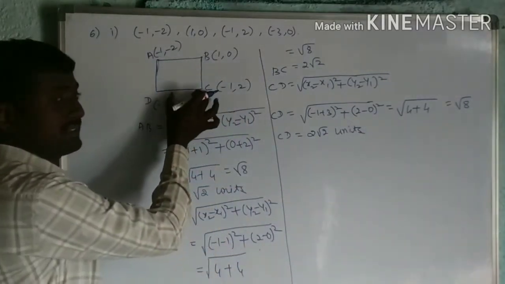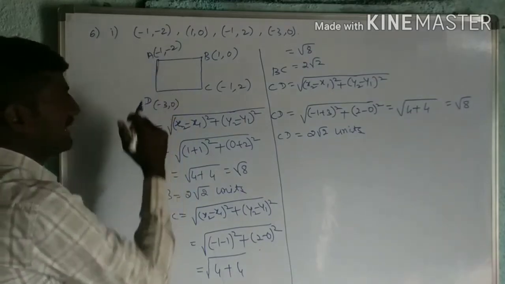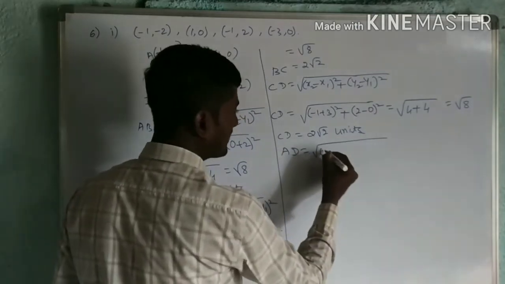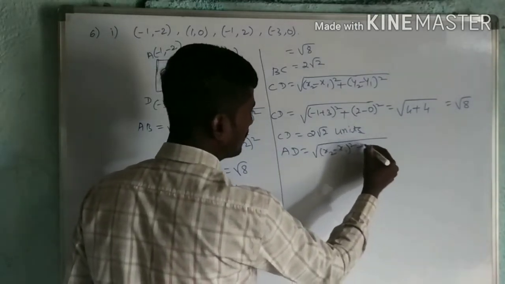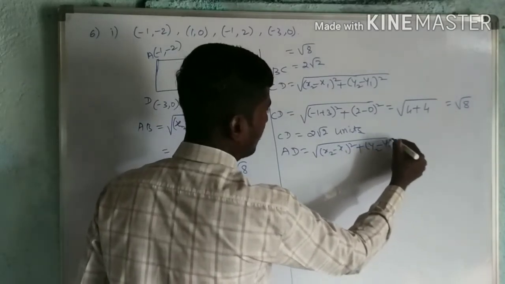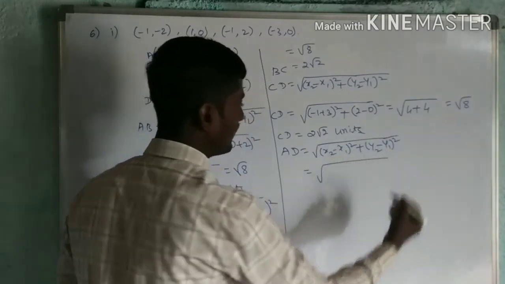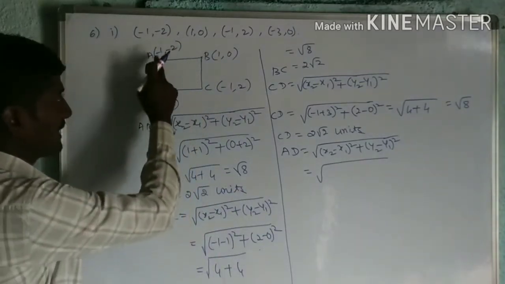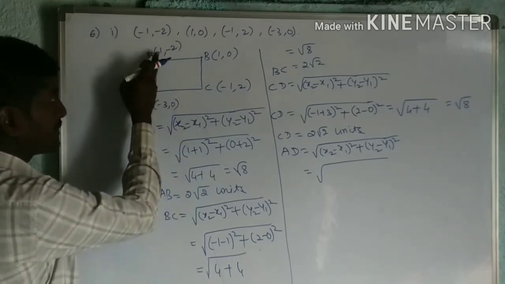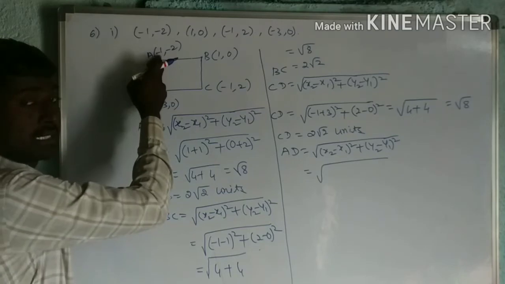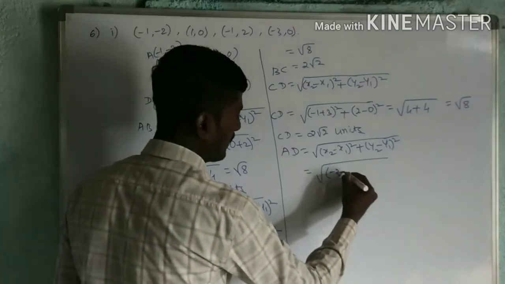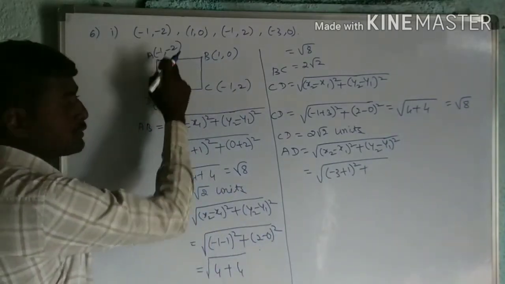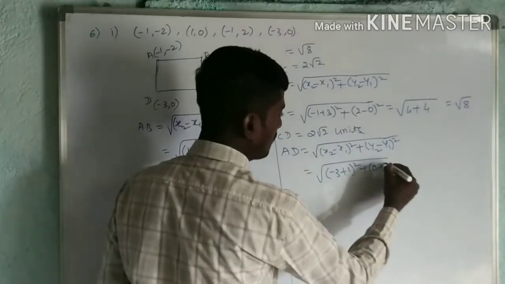CD is over. Then the last side, that is AD. Now I will find AD. AD is equal to the square root of, again I will write the same formula, (x2 minus x1) whole square plus (y2 minus y1) whole square. Assume this has x1, y1 and this has x2, y2. So it is (minus 3 plus 1) whole square plus (0 plus 2) whole square.